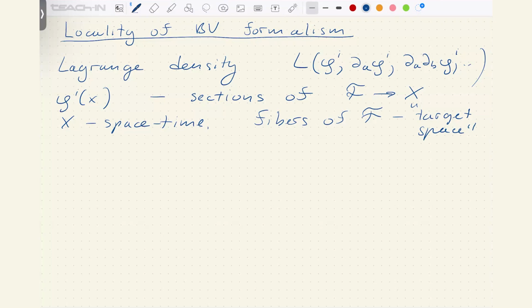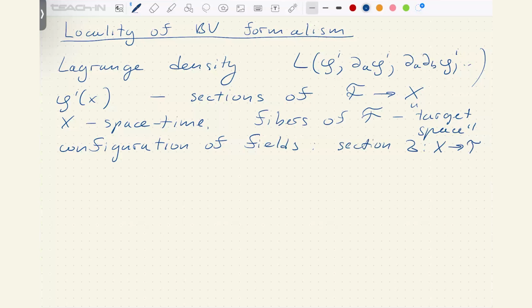A field configuration is a section sigma, which takes us from X to the total space of a fiber bundle, and section means that its composition with a projection is the identity transformation of the base.